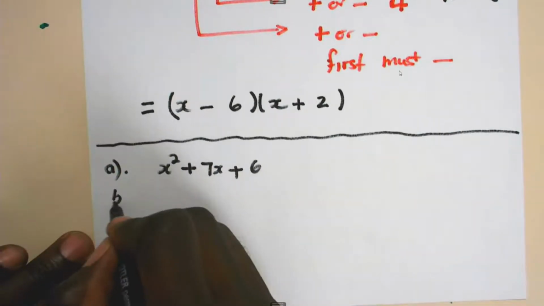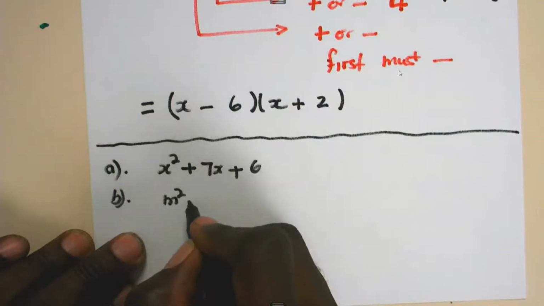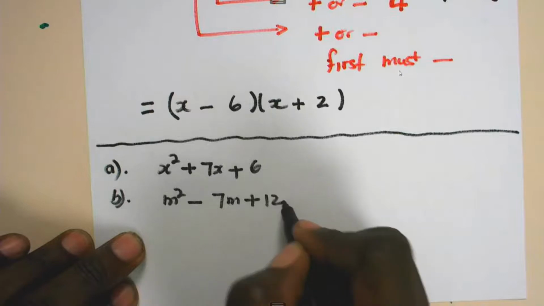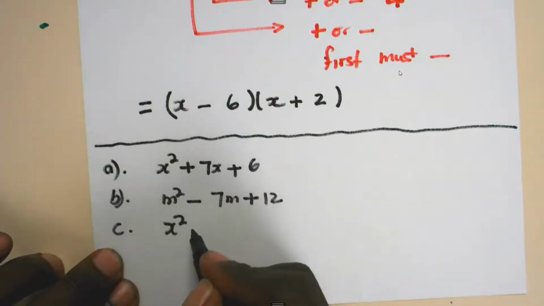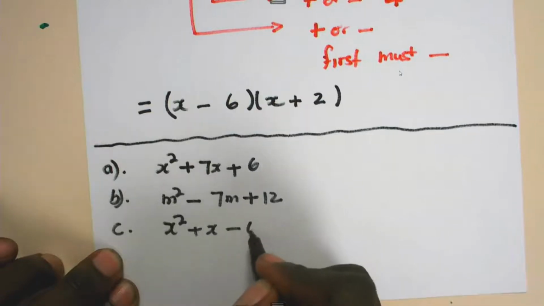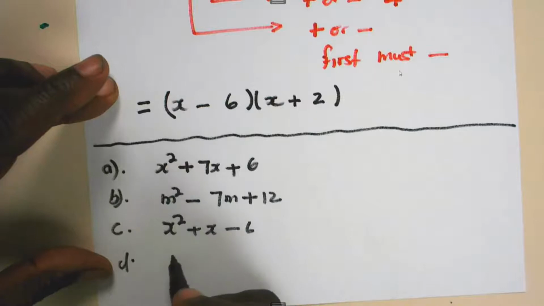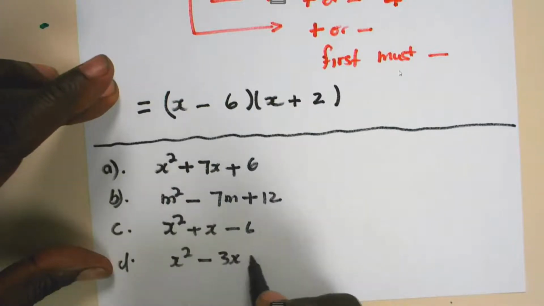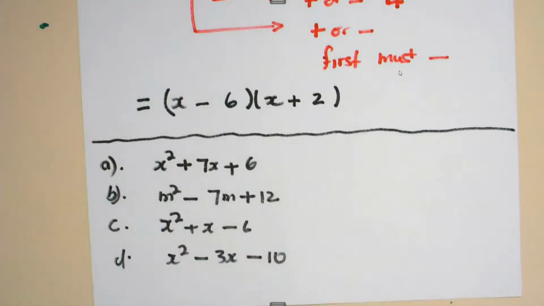Number B is m squared minus 7m plus 12. Number C could be x squared plus x minus 6. And number D is x squared minus 3x minus 10. So these are the sums that we have to do at home.